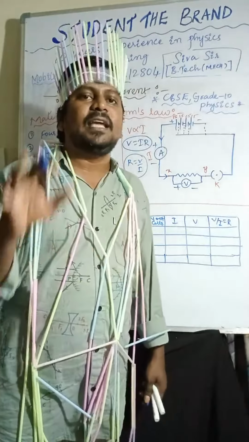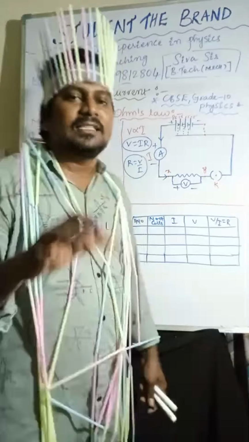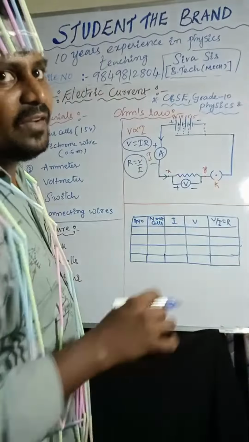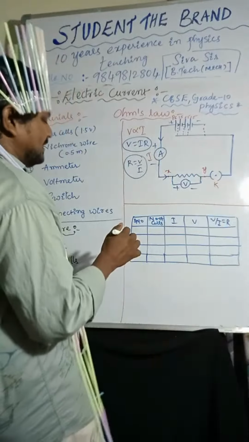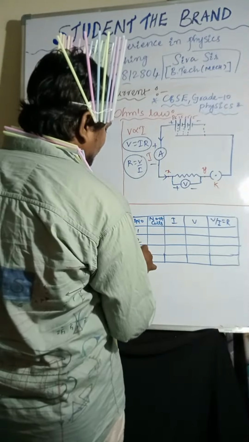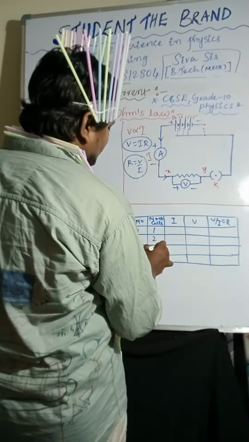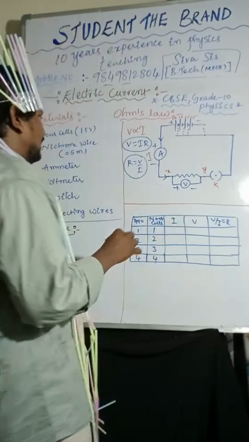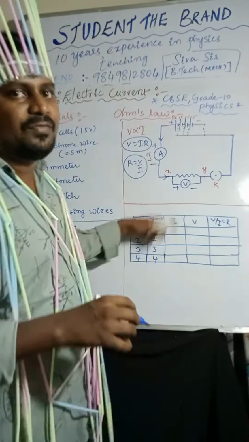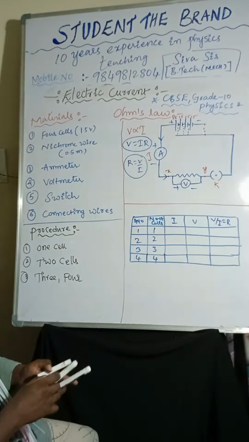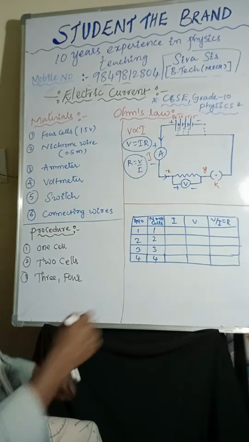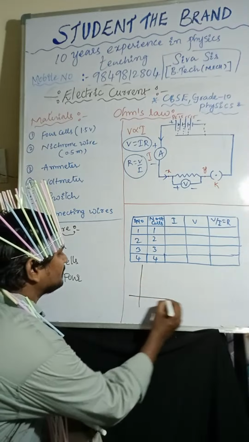Ohm's law gives the definition of resistance. So here, if you draw the graph for VI, the VI graph gives the linear.